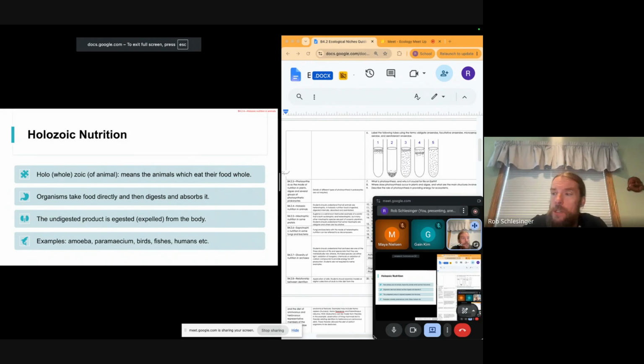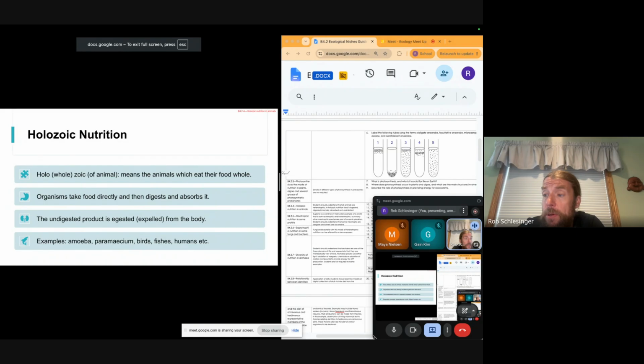And what that mold is doing is it's excreting enzymes, and then those enzymes are externally breaking down that food. And then the fungi is able to then absorb the product of that chemical reaction and ingest it that way. So we have internal, which is holozoic, and we have external, which is saprotrophic.